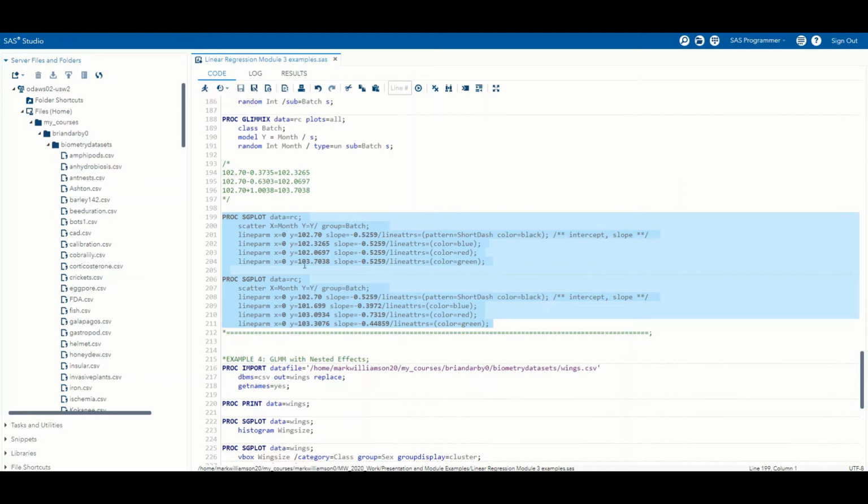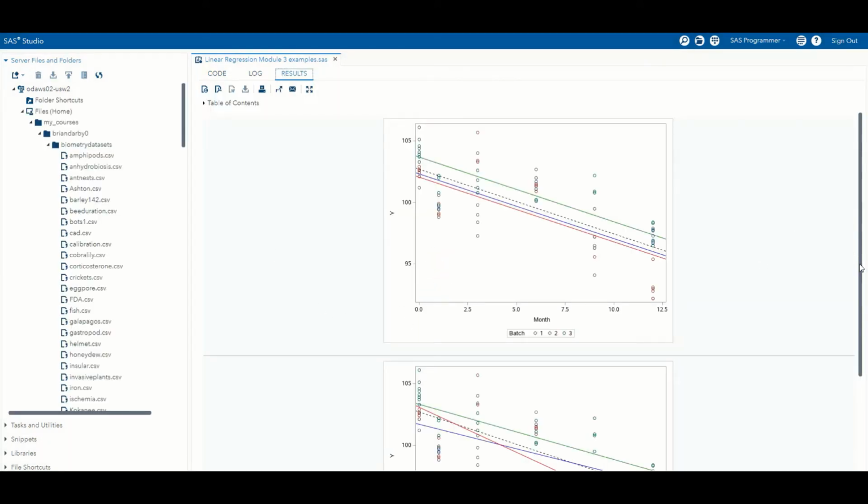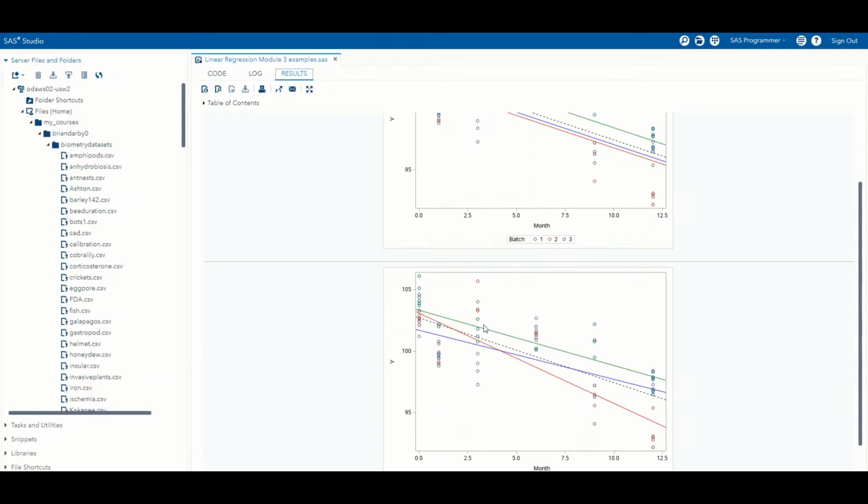I just did this manually by pulling out the information from the results. The dotted line is the overall model fit, and this is the random intercept. We can see batch 3 started out higher, but they have all the same slope. Batch 1 is in the middle, batch 2 is the lowest.